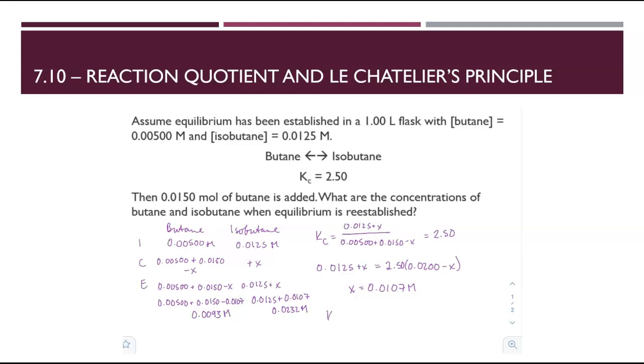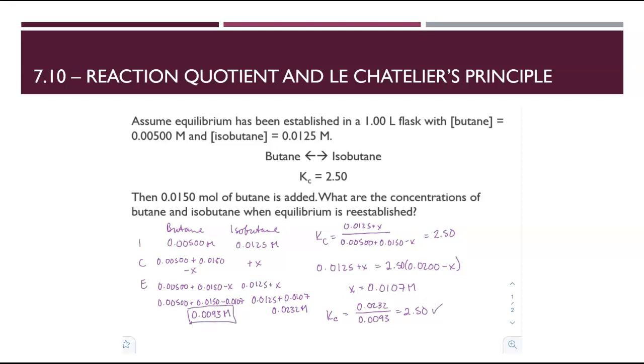So if we want to check this, we can do our products. So 0.0232 divided by our reactants, 0.0093, which is 2.5. So we've checked, we know that that works.